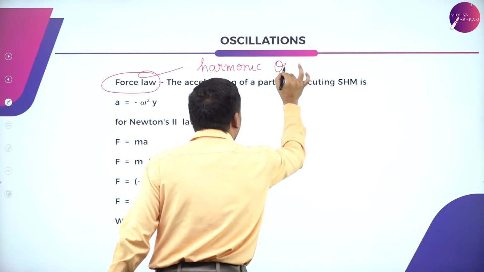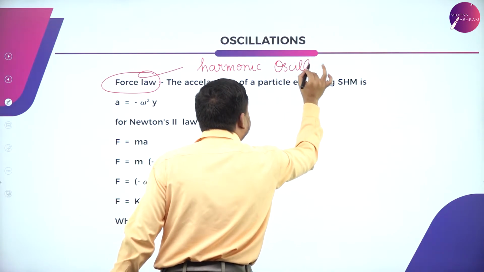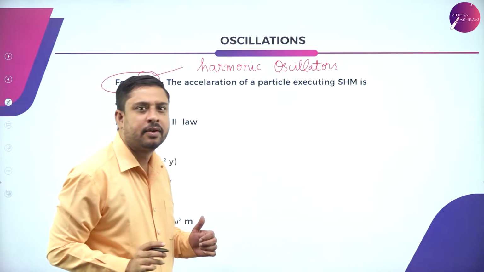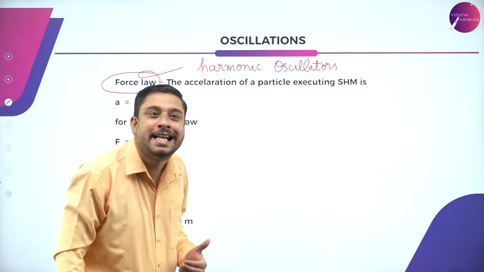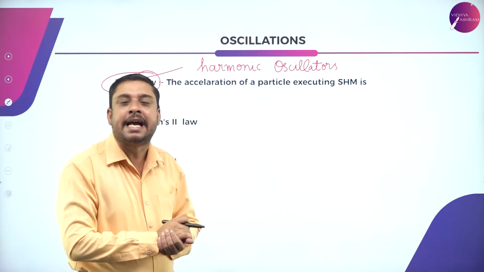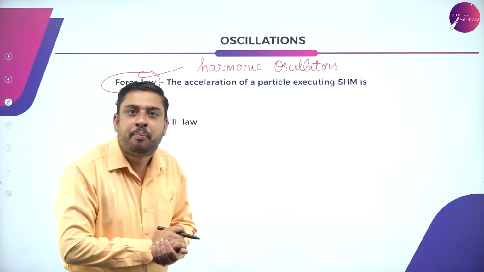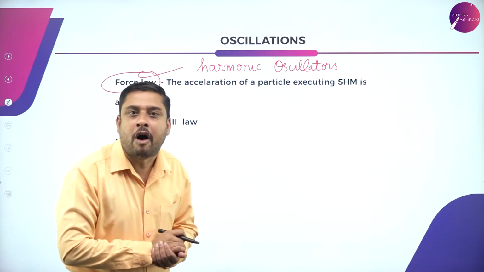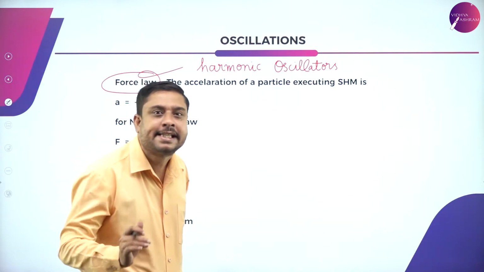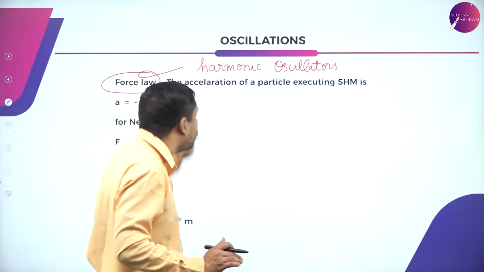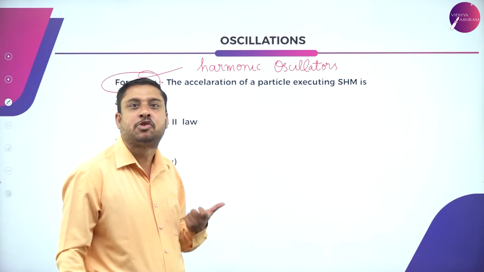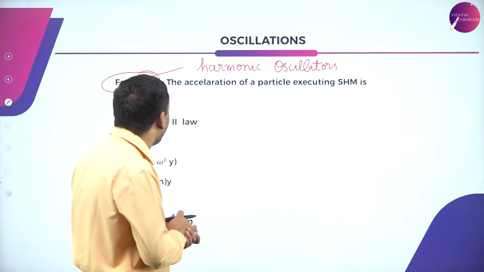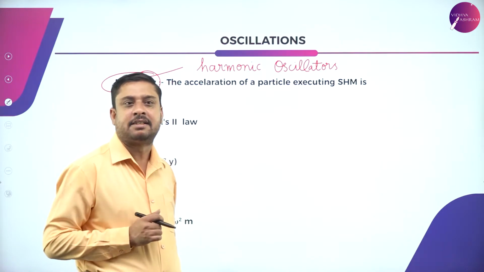Harmonic oscillators, in the sense, are particles which oscillate and exhibit simple harmonic motion. They are called harmonic oscillators, and the force law helps us to understand the nature of the harmonic oscillators.